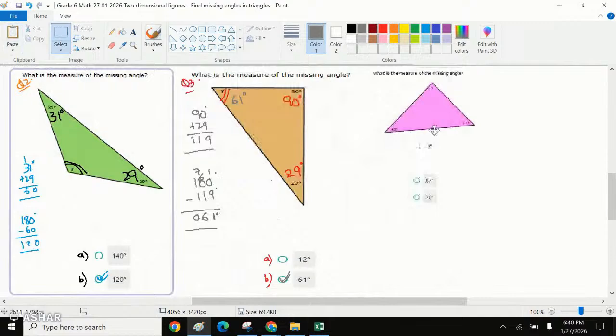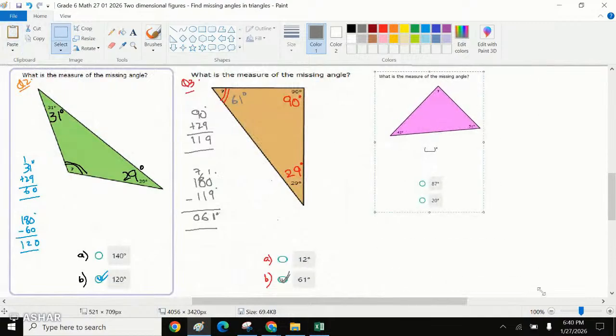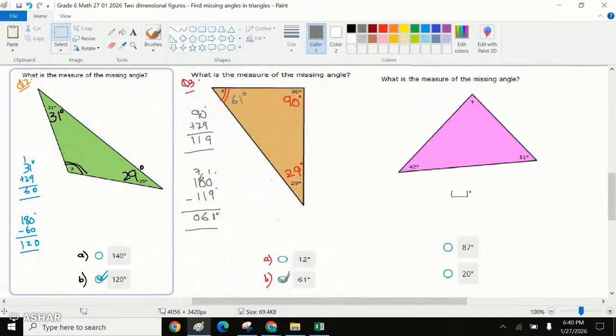Moving ahead with the next question. Okay, what they are telling us is find the missing angle. In question number 4, we need to find the missing angle such that the values of the angles are 42 and 51. And this is the missing angle. So option A or option B?